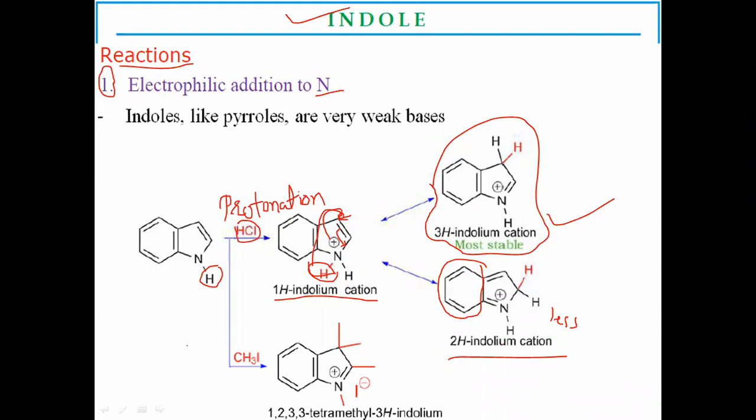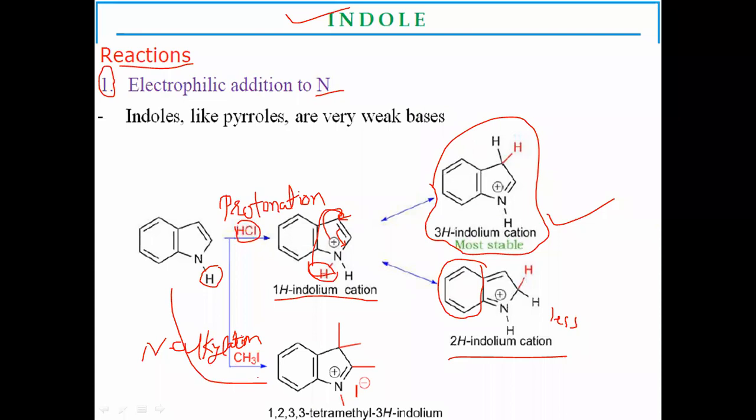Second reaction is N-alkylation. Alkylation means addition of alkyl groups. N-alkylation means addition of an alkyl group on the nitrogen atom. Indoles undergo N-alkylation.